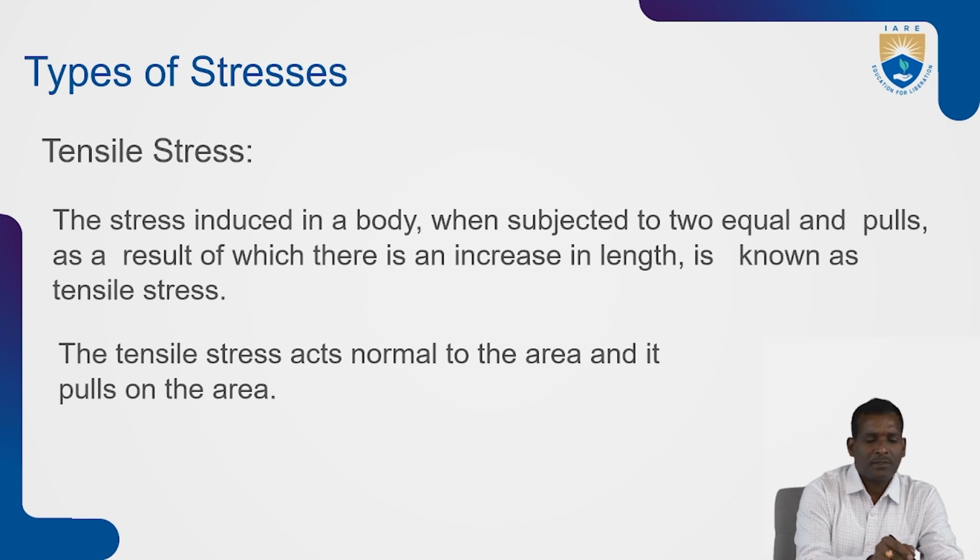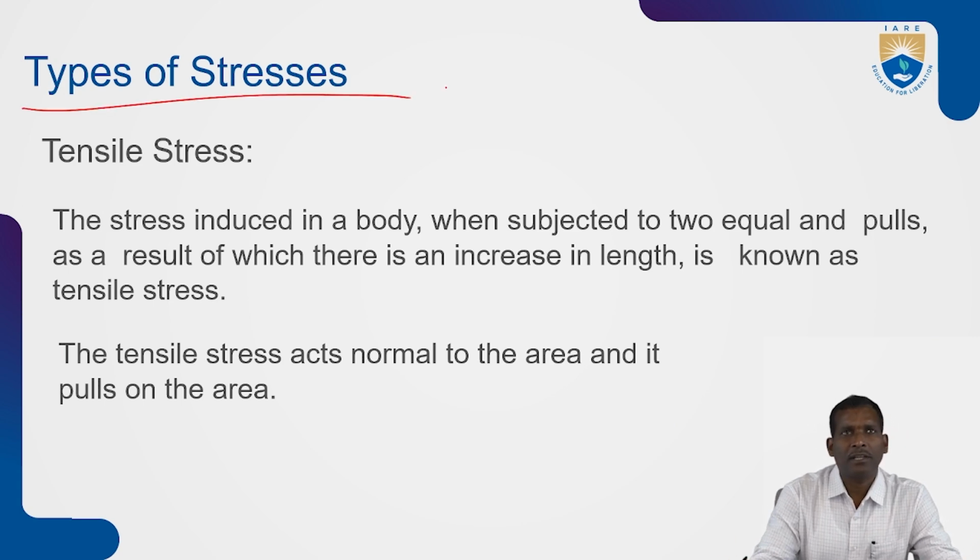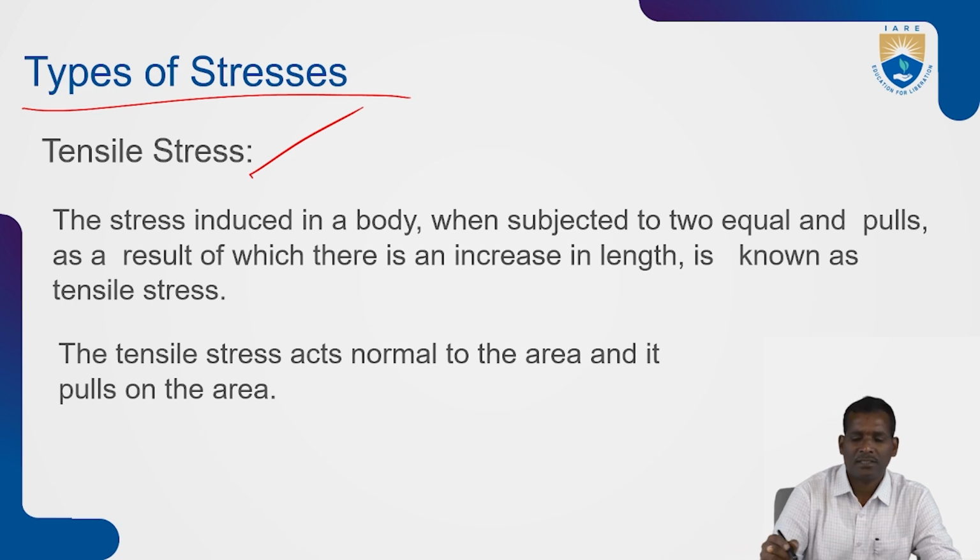Now, types of stresses. How many stresses are there? First one is tensile stress. The stress induced in a body when subjected to two equal and opposite pulls, as a result of which there is an increase in length, is known as tensile stress.